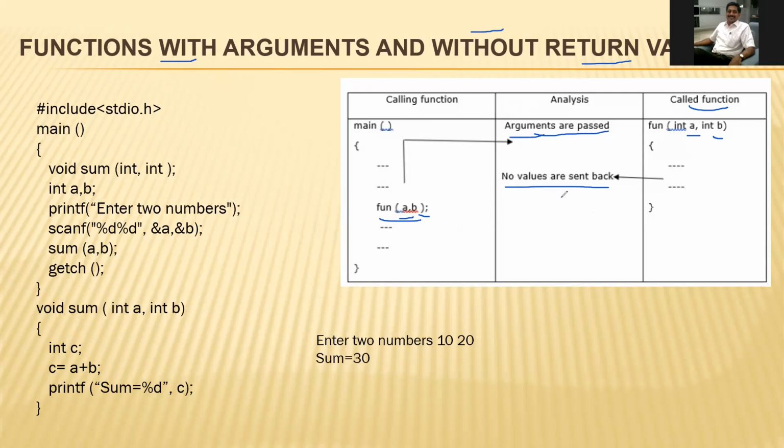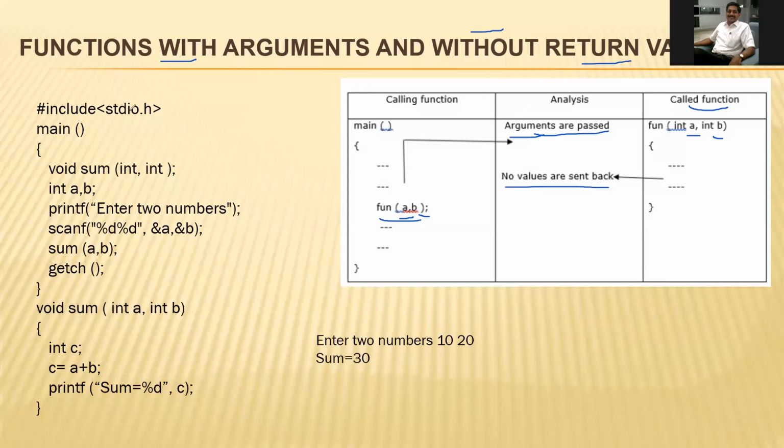This is also one-way data communication from the calling function to the called function. We are only passing the arguments from the calling function to the called function, but we are not returning the calculated values from the called function to the calling function.